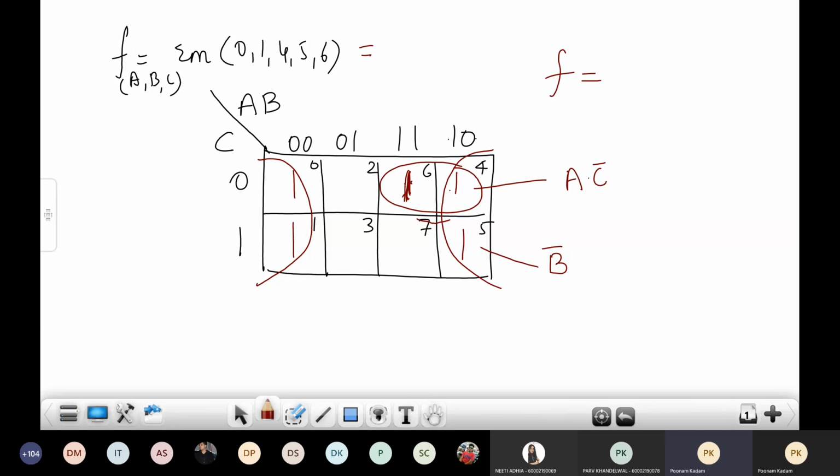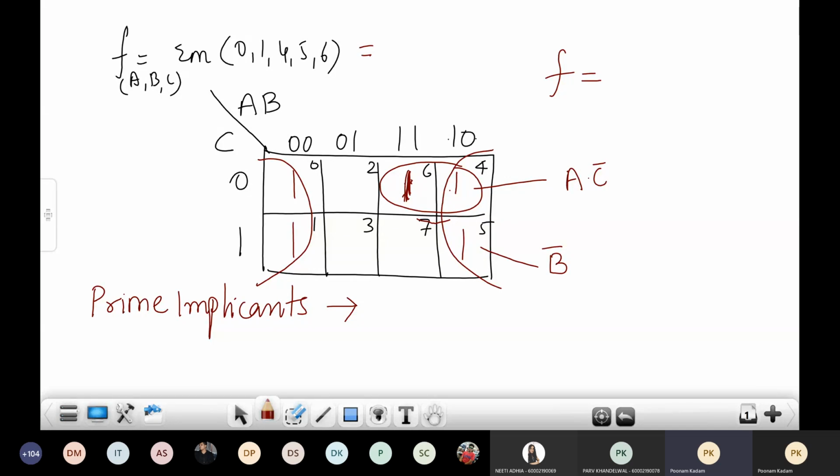So all the largest rectangular sets of 1 cells are called prime implicants. Okay? Prime implicants. So how many prime implicants are there in this K map? There are 2 prime implicants. Prime implicants means the larger sets of 1 cells. You may ask me, this group has only two cells, so is it larger? Yes, it is the largest possible group which will include this one.